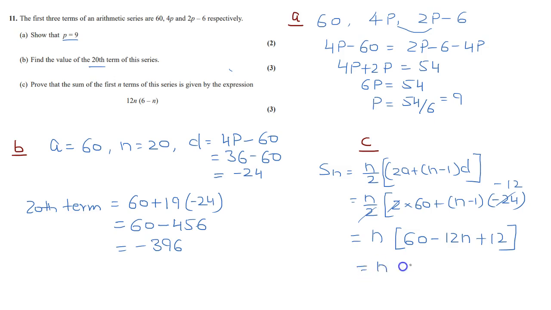So that is equal to n times 60 plus 12 is 72 minus 12n. We can take 12 common here. So this is 12n times 6 is 72 minus n. So that is what we are supposed to prove.